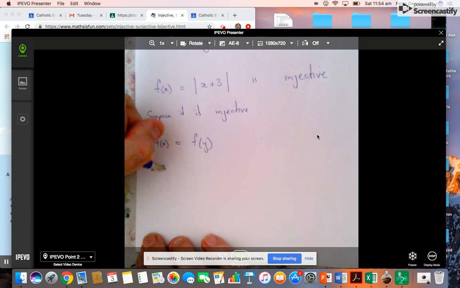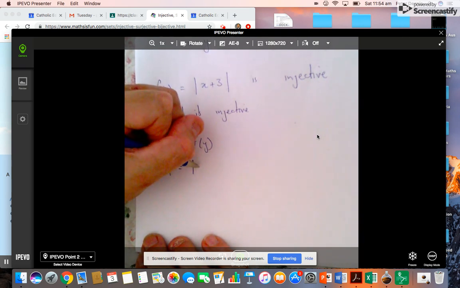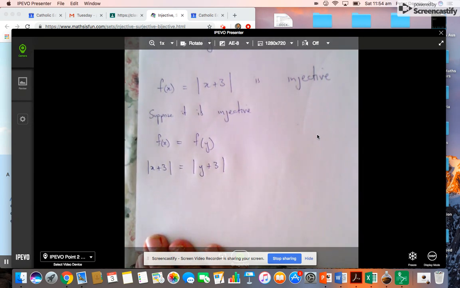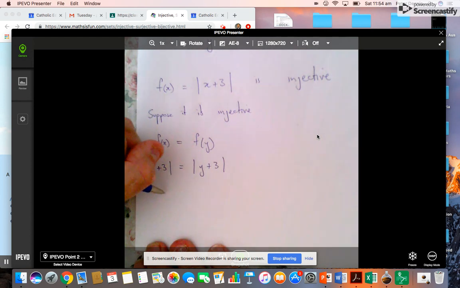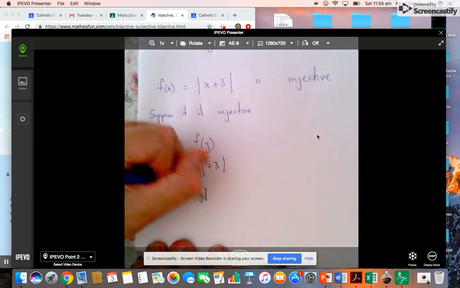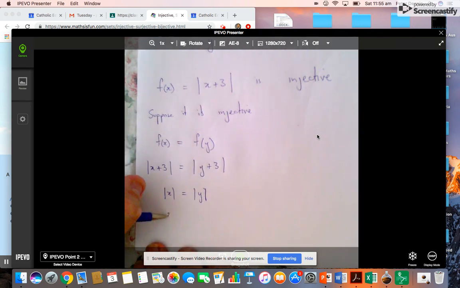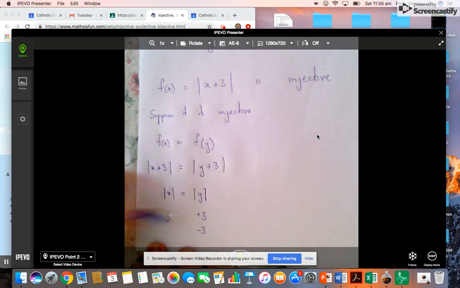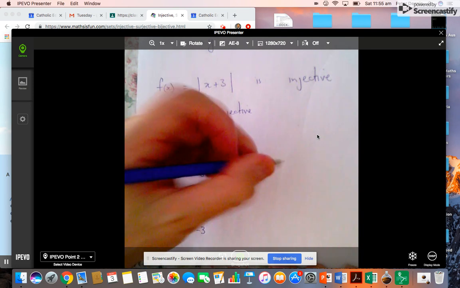So the absolute value of x plus 3 must equal the absolute value of y plus 3. Can this happen, or must this happen for the same values of x and y? In this case, the absolute value of x equals the absolute value of y, and suddenly you've got two things here. If x is 3, y could be plus 3 or minus 3. So this is not injective.